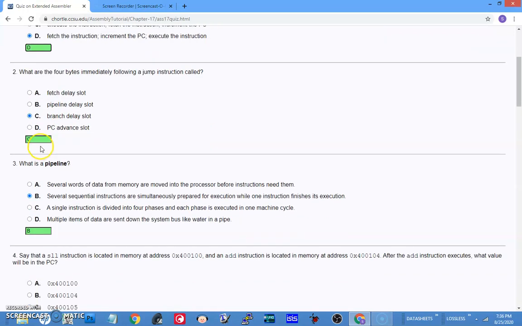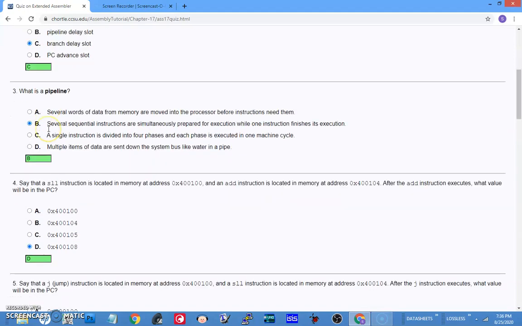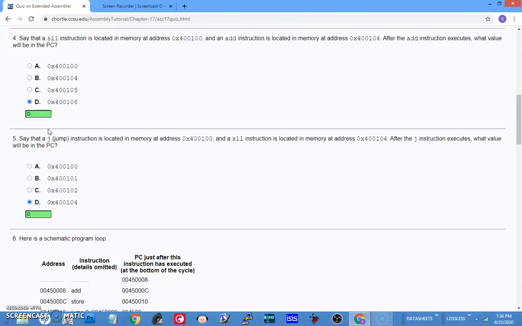Now the second question is too early to discuss, so 2 and 3 you can safely skip. Let's go to the fourth question. The SLL instruction is located at this location, and the add instruction is located in the next location. So this is 104 and this is 10.